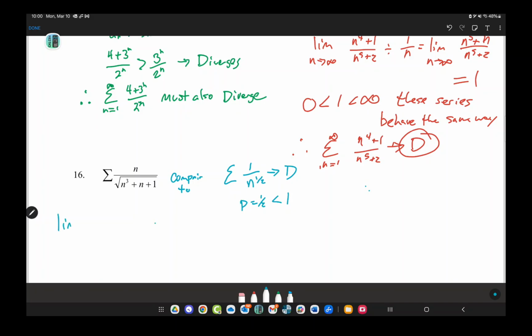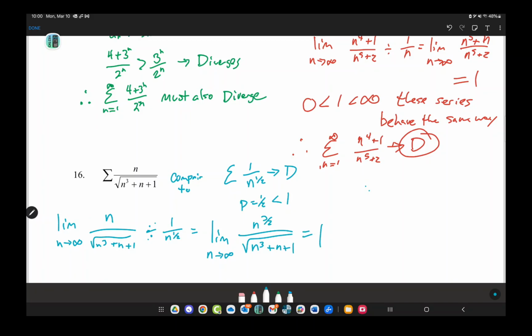So we take the limit as n goes to infinity of n over the square root of n cubed plus n plus 1 divided by 1 over n to the 1/2. This gives you the limit as n goes to infinity of n to the 3/2 over the square root of n cubed plus n plus 1, which in this case would equal 1.